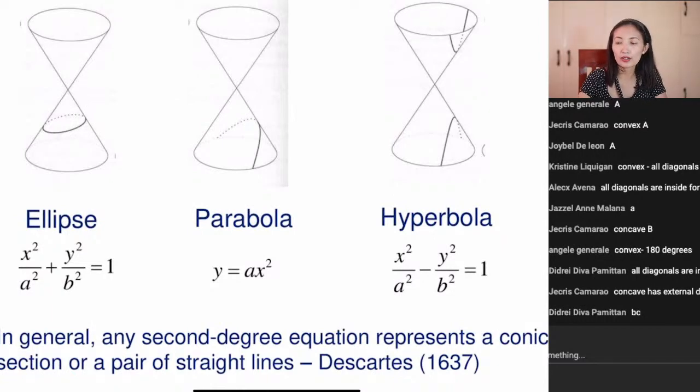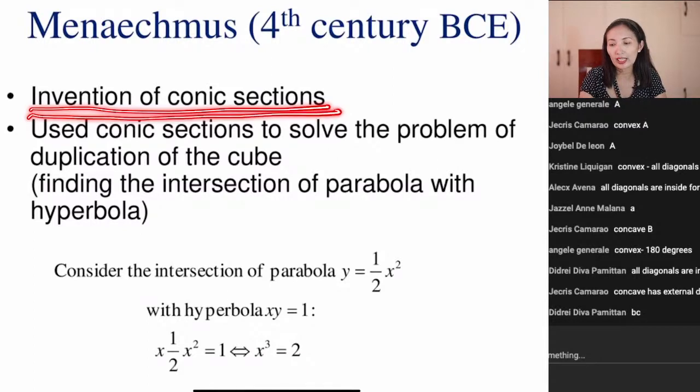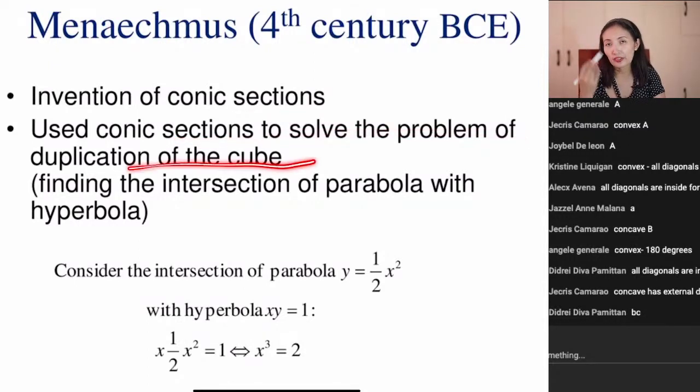Next, also Menaechmus, and then later on, Apollonius. The invention of the conics, we give credit to Menaechmus for inventing the conic sections. And he used the conic sections to solve the problem of duplicating the cube. Remember, one of the famous problems in Greek geometry, duplicating the cube.